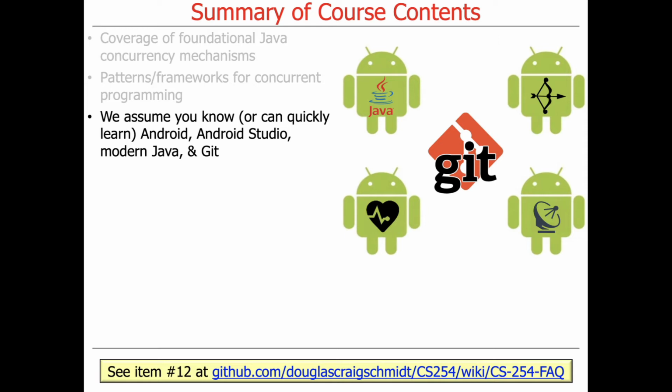And if you take a look at item number 12 in the frequently asked questions file for the course wiki, you'll learn about the ways to get more information about this stuff if you don't know much about it yet. And Git. So hopefully you've had some exposure to Git in intermediate software design. Hopefully that's what we're going to be using for source code control, and more particularly for me to be able to see what it is you're doing and give you comments on your code.